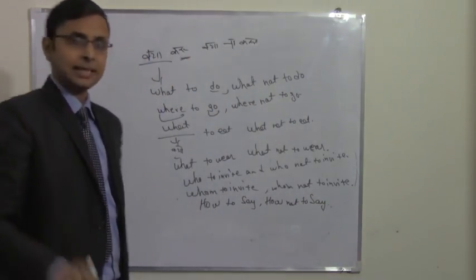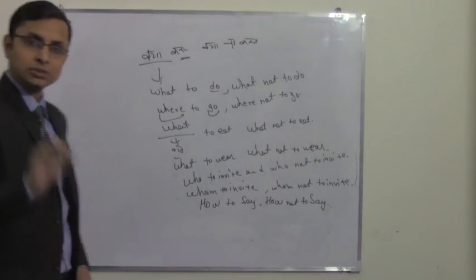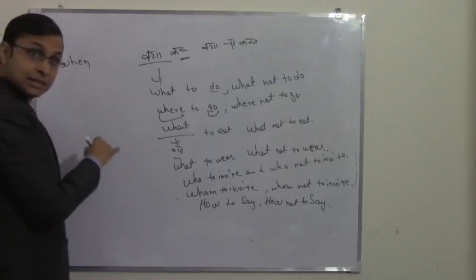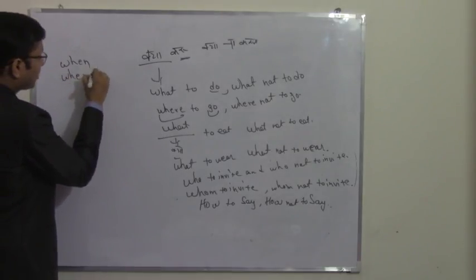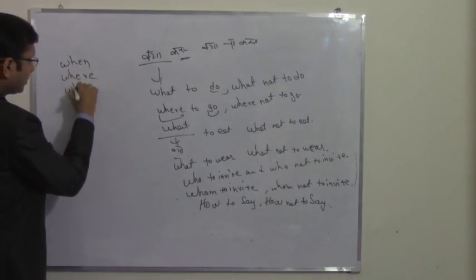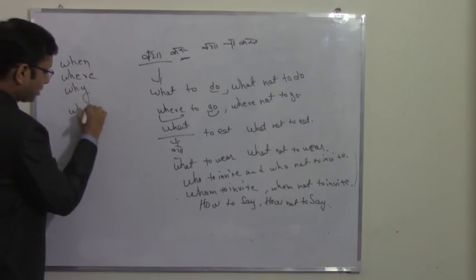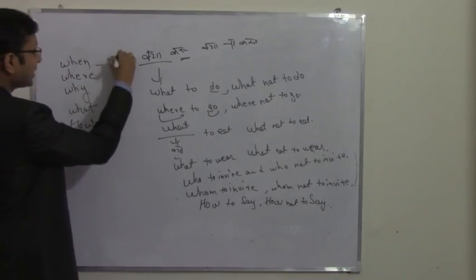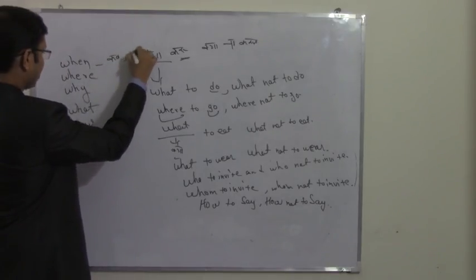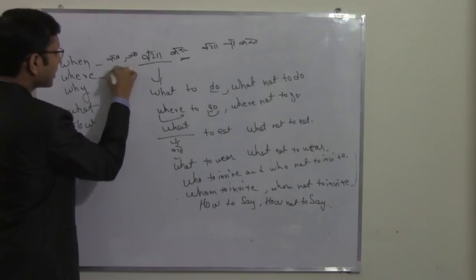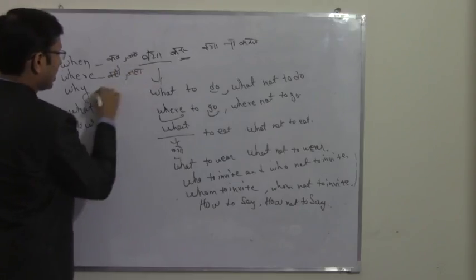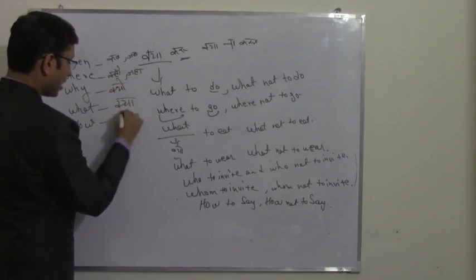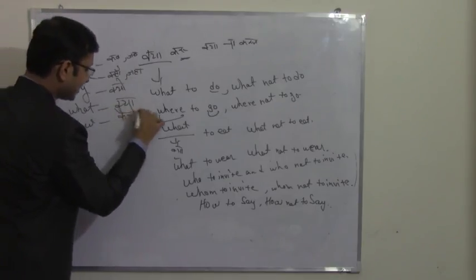So, for your better understanding, I'd like to write all these words here so that you can write them down: when, where, why, what, how. So, when is kab, where is kahan and jahan, why is kyun, what is kya, how is kaise.